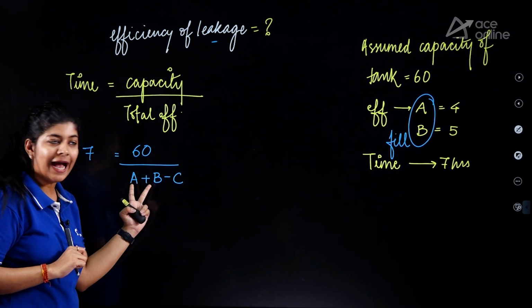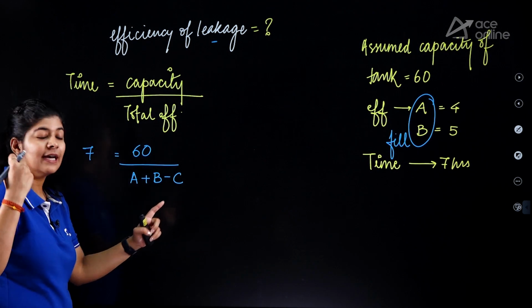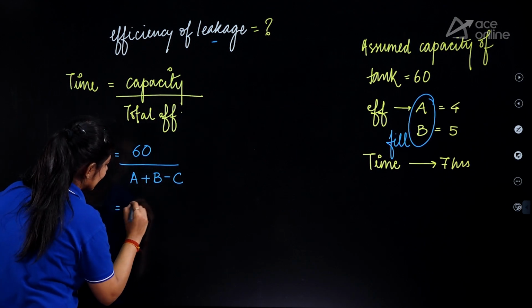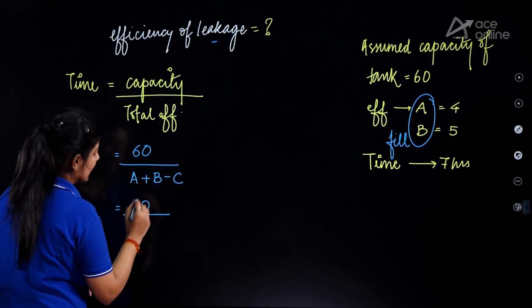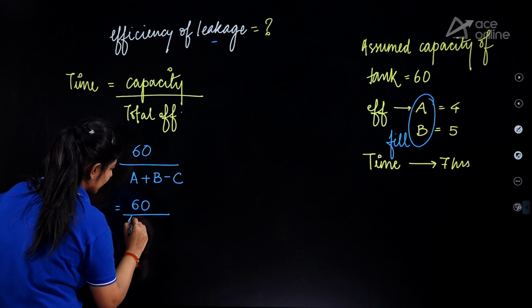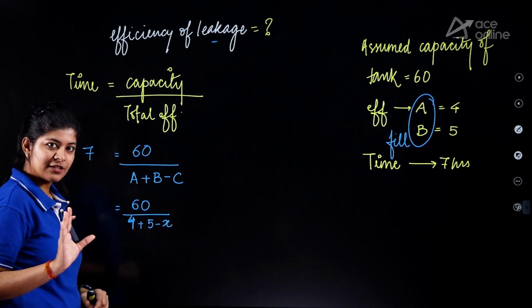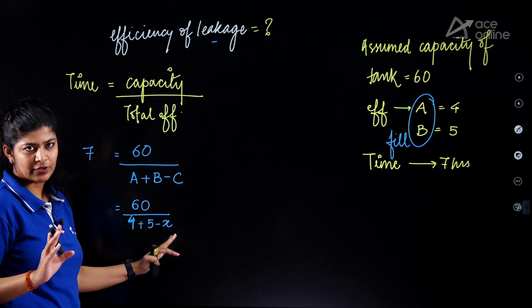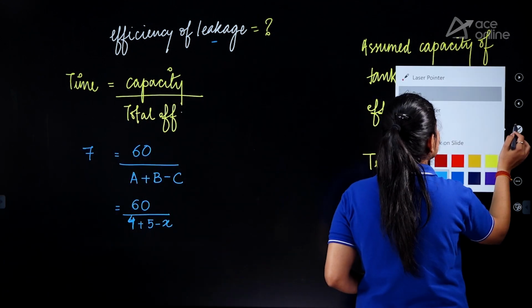Because both pipes are filling the tank while the leakage pipe C will empty it. So we can write 7 equals 60 divided by 4 plus 5 minus x. We are assuming minus x, or you can also take c here. Instead of x, just write c.